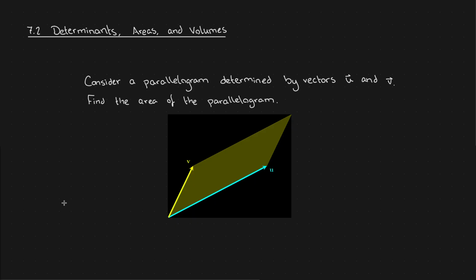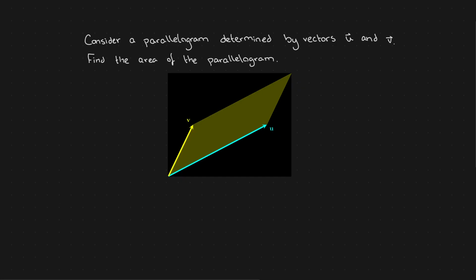All right? So the area of the parallelogram is just going to be equal to the base of the parallelogram, the length of the base, times the height of the parallelogram.